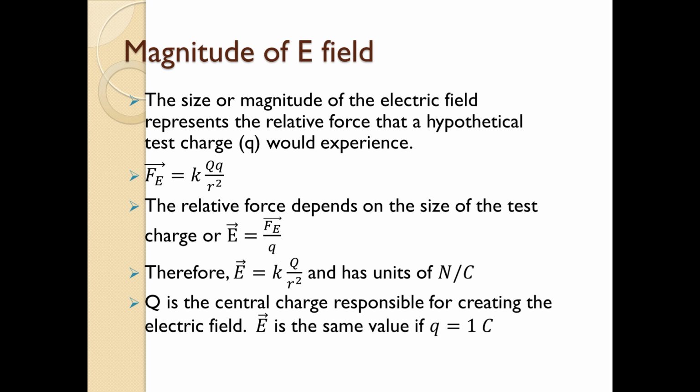The force is given by kQ over r squared, and by definition, the relative force is that force divided by the little q. So I'm left with kQ over r squared, where the big capital Q is the charge responsible for creating the electric field. However, the electric field can also be calculated if I just stick a 1 in for little q.